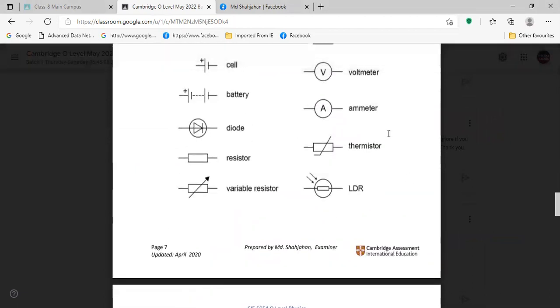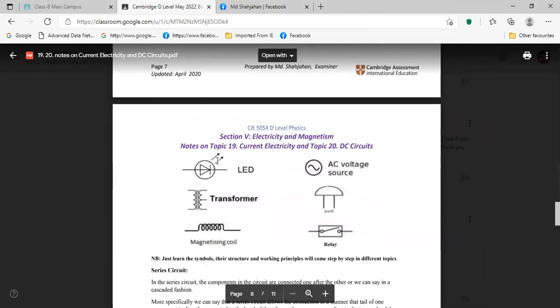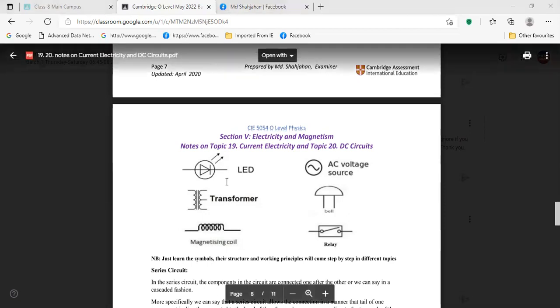Yes, sir. Diode, if you are giving two arrows outwards, that becomes LED or light emitting diode. So here you write beside LED: light emitting diode. It's one kind of diode.